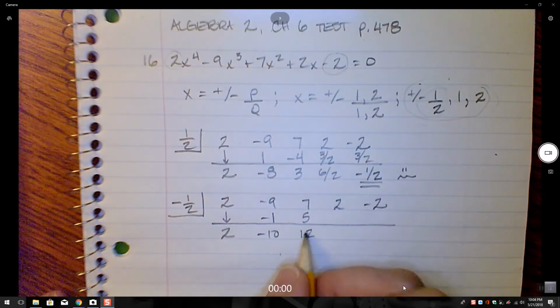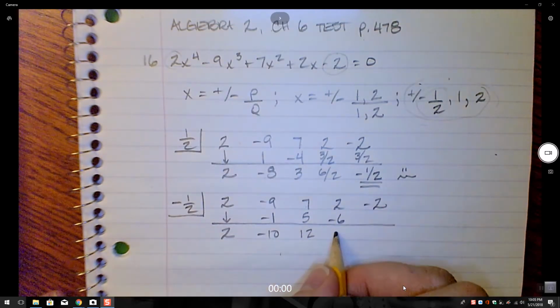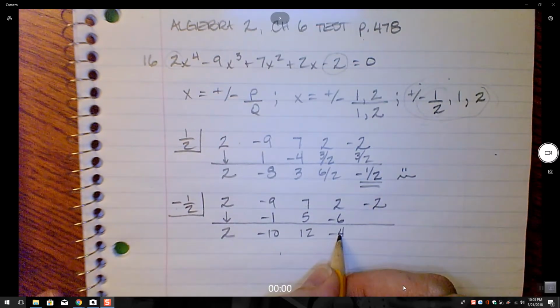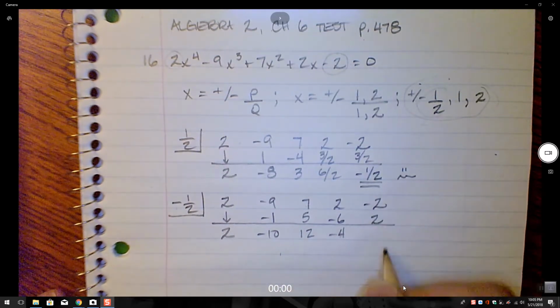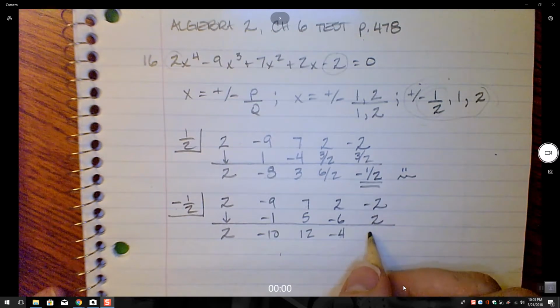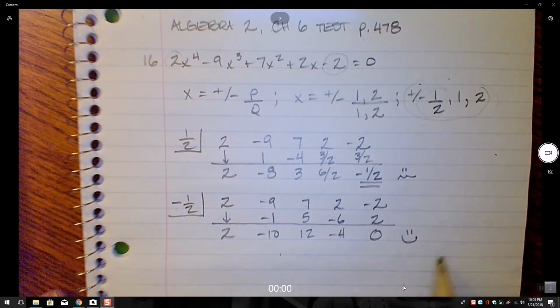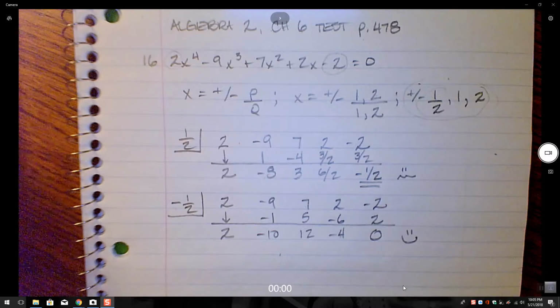Negative 1/2 times 12 is negative 6. 2 plus negative 6 is negative 4. Negative 1/2 times negative 4 is 2. Look at that. Minus 2 plus 2 is 0. Bravo. Got one. Alright, but let's keep going and see if we can find any others.